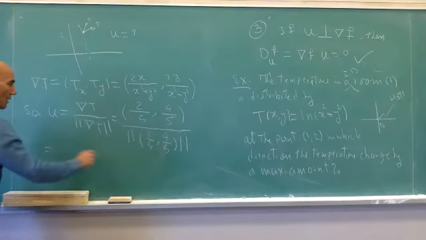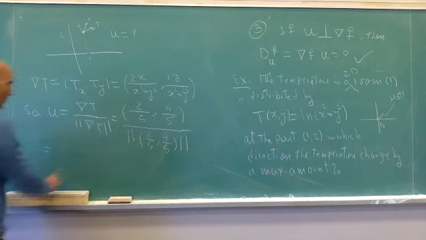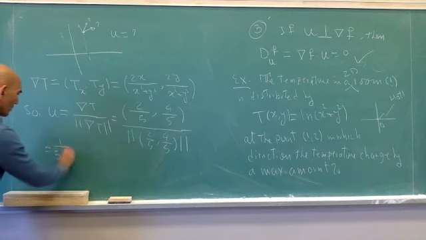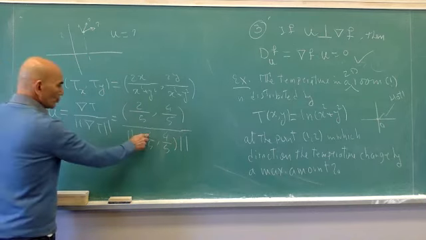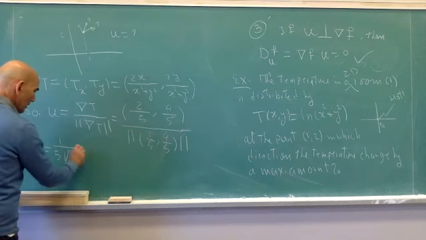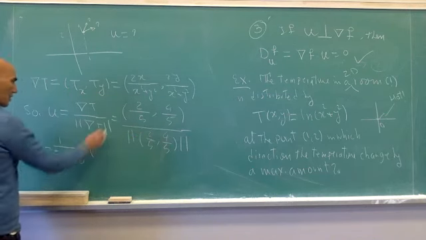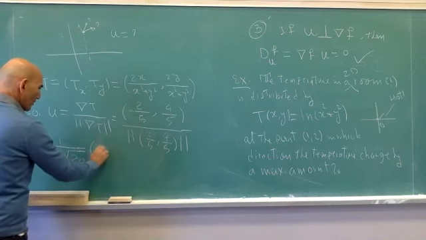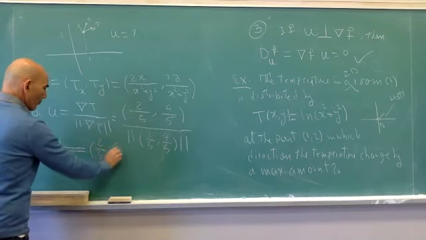This is 1 over 5 times the square root of 4 plus 16, which is 20, times (2 over 5, 4 over 5).